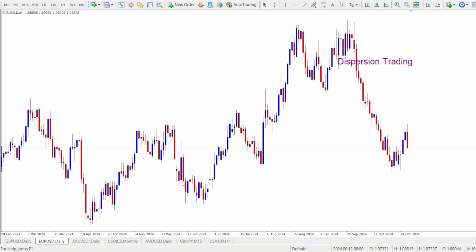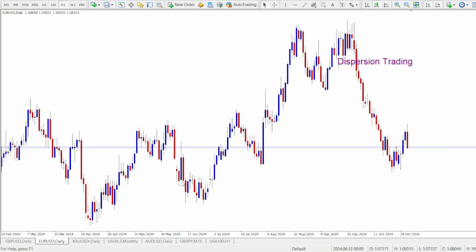First, it can be especially useful in volatile or uncertain market conditions where predicting direction is tough. Instead of needing to forecast whether prices will go up or down, dispersion trading allows you to benefit from relative changes in volatility. It's almost like you are taking a hedged position across multiple currency pairs, so you are not reliant on one big market move.